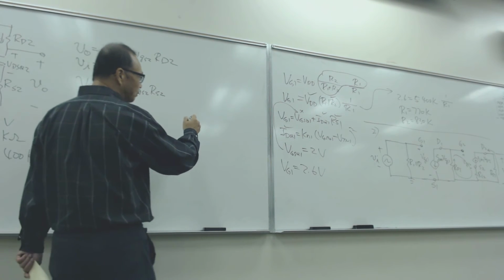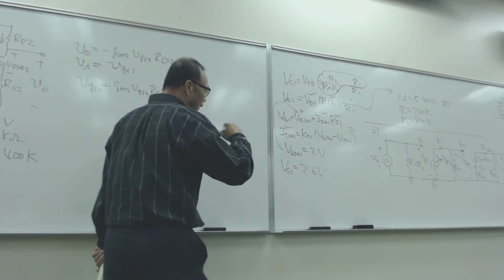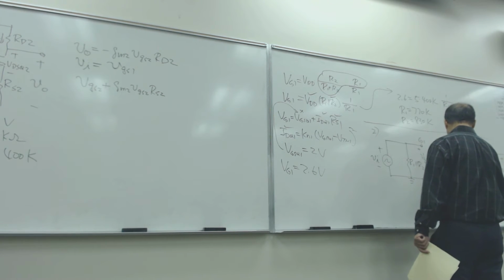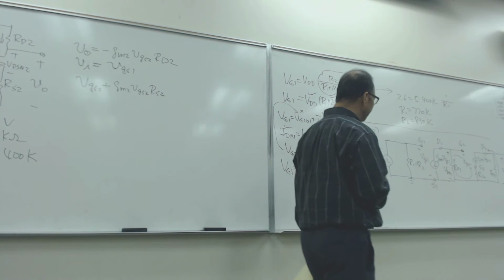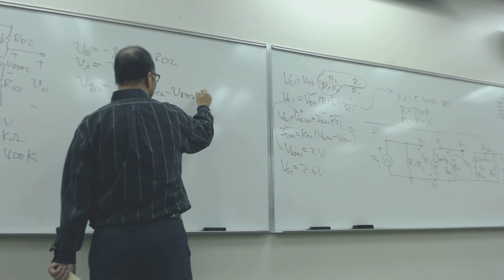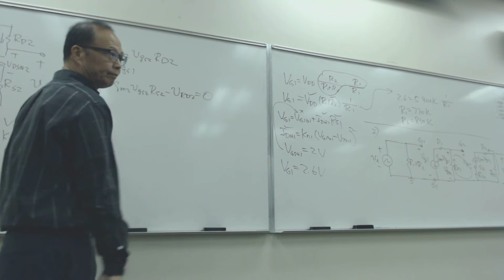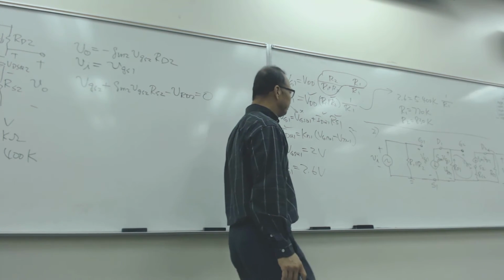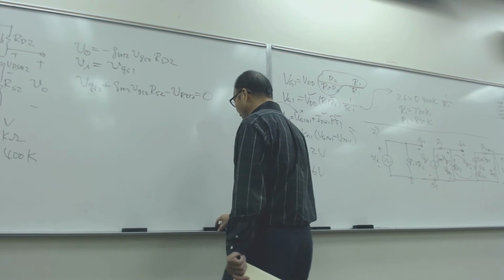Then let's say that's the voltage. If I define the voltage here, okay? Can I? VRD2, can I? So that becomes what? Minus VRD2 equal to 0, correct? Okay. Oh yeah, VRD1.